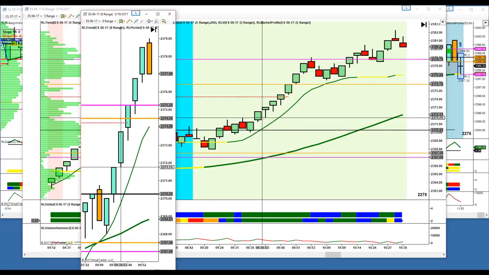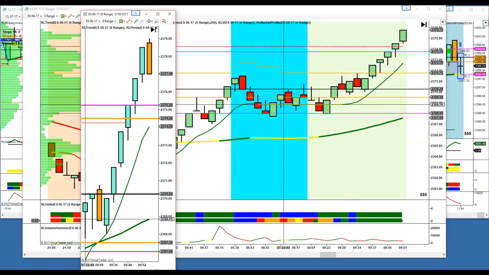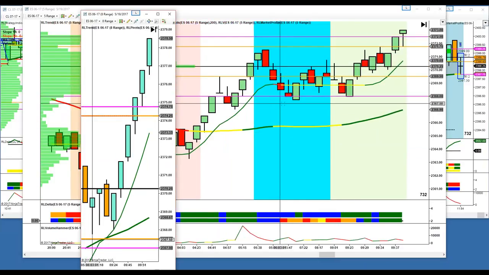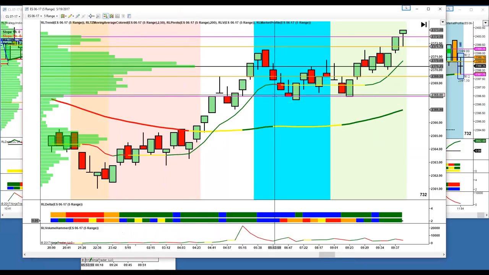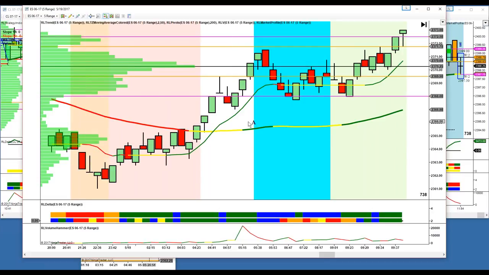The 50's green, the 15's green, and we've got a great trade to the upside. Now, here's the color. You get this color when the 50 is green and the 15 is green.